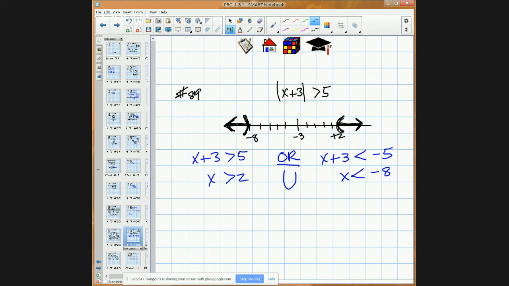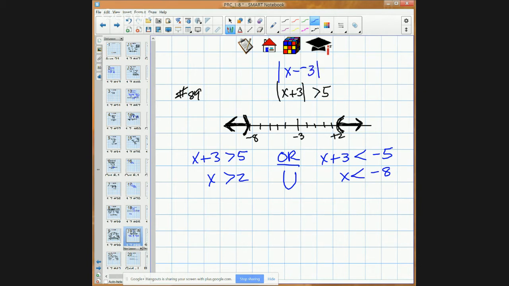All right, so 89 says all real numbers more than 5 units from 3. So the distance from -3, this is how you write the distance. Actually, it really looks like this.